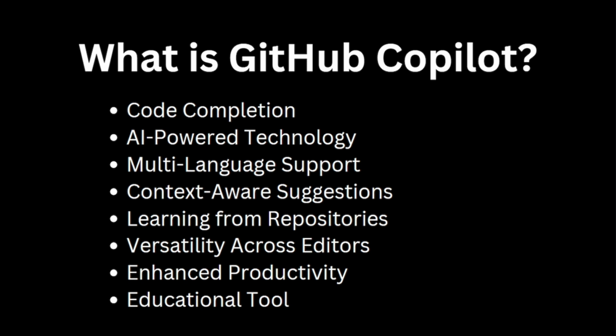It is also used as an educational tool, wherein it assists developers in learning new languages or frameworks by providing real-time, contextual code suggestions. It can be used as a guide, or it serves as a learning aid for developers at various skill levels, whether you are a junior, mid-level, or senior developer.